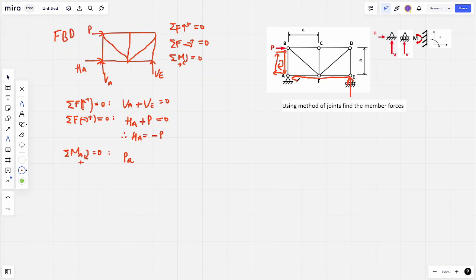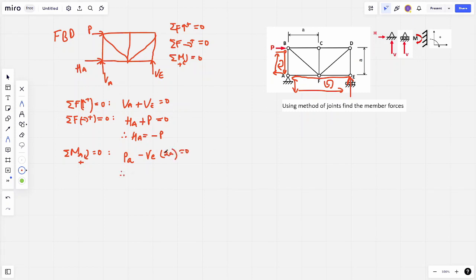So if we complete the loop, that's going to be back down to the right. We follow the arrows, that's going to be counterclockwise, so that's a negative. So that's minus VE, and the distance is, well, B to C is 1A, and therefore C to D is also going to be an A, so that's A plus A, which is 2A, is equal to 0.